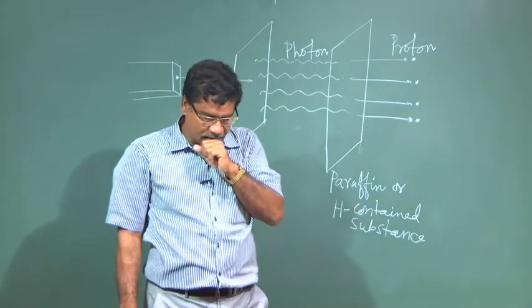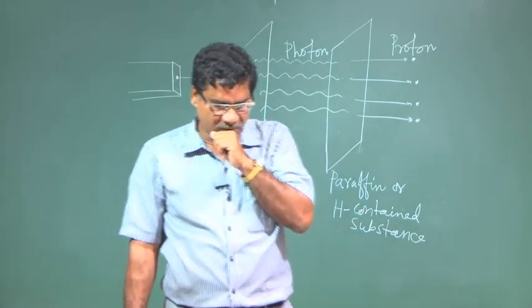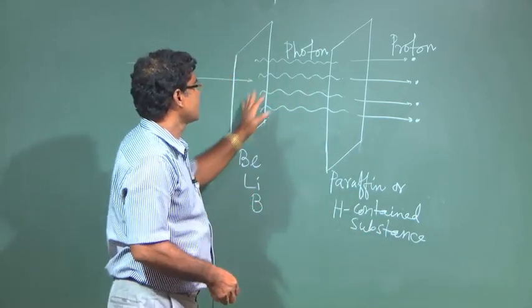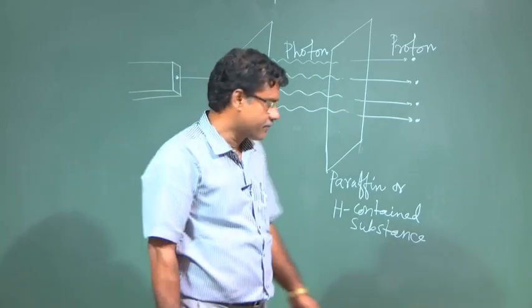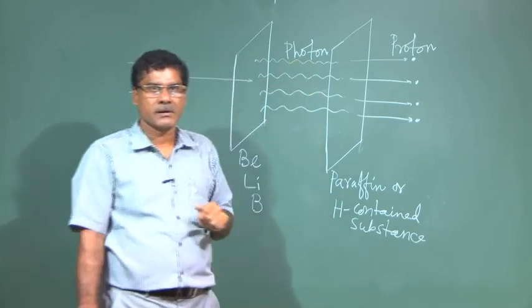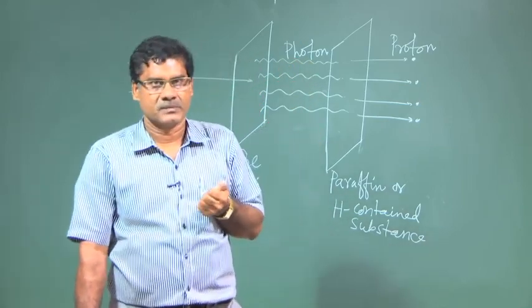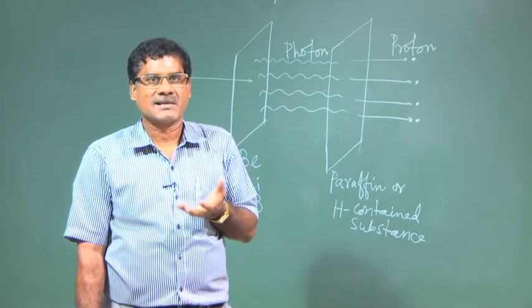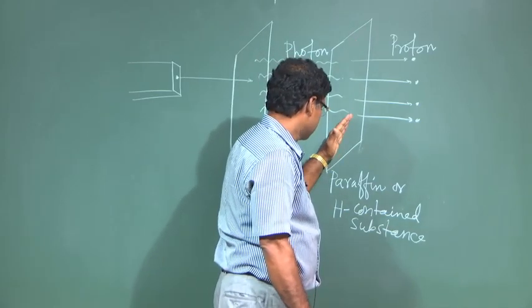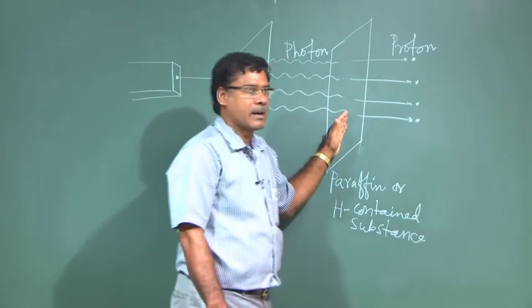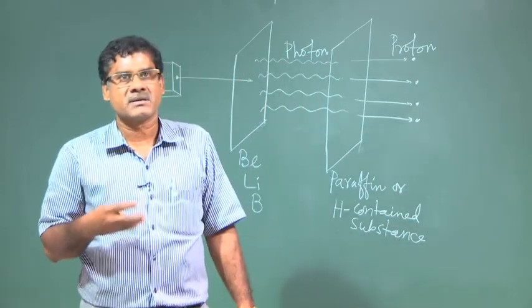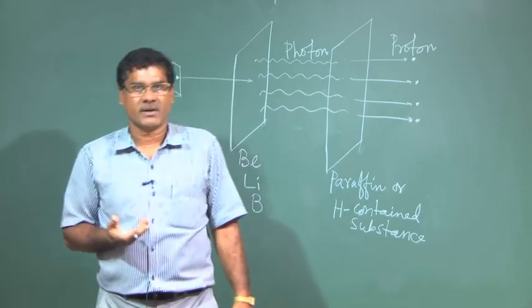Okay. So, now a question arises, and there was a lot of discussion on this experiment. If it is a photon, it is very light, right? It's massless, and now it hits this foil of paraffin and from there protons are coming out, whose mass is very heavy.